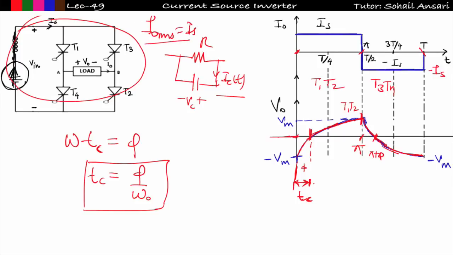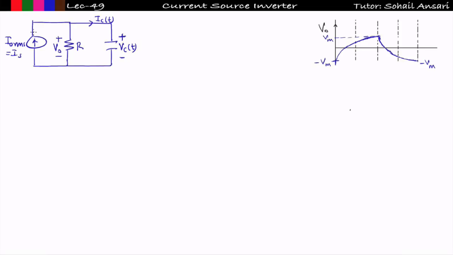So I will remove the rest of the circuit and replace it with the output current I naught RMS equal to Is, and in parallel with that the RC circuit is connected. This is my Vc of t and this is my output voltage, and you can easily say that output voltage and voltage across the capacitor are equal, because these two are connected in parallel. So I am interested in finding Vc of t and Ic of t.